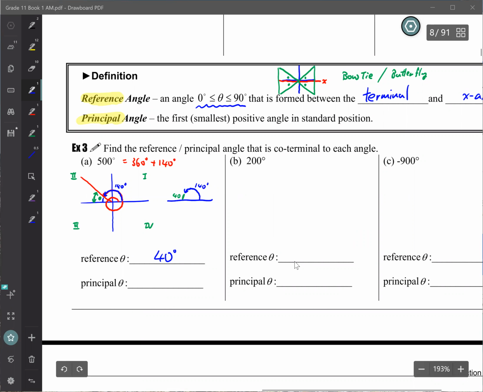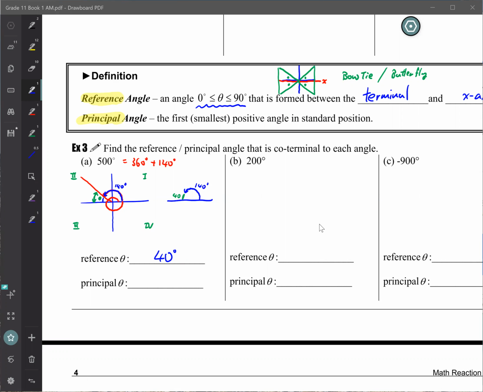All the reference angles have to be positive, okay? Because all we care about is how big the size is. We don't care about directions when we talk about reference angle. But when you are drawing, you need to draw according to positive or negative sign, okay?